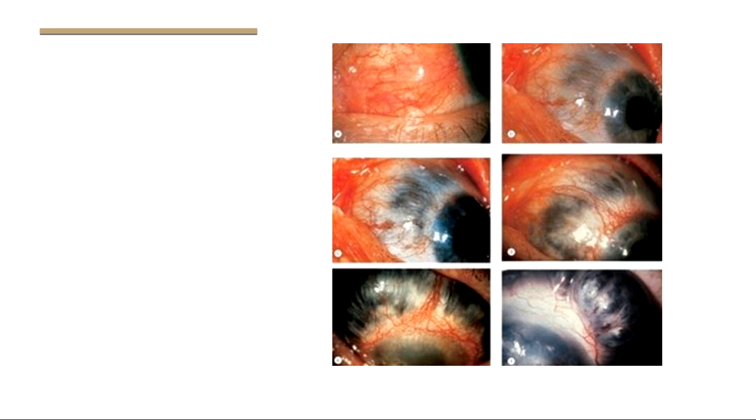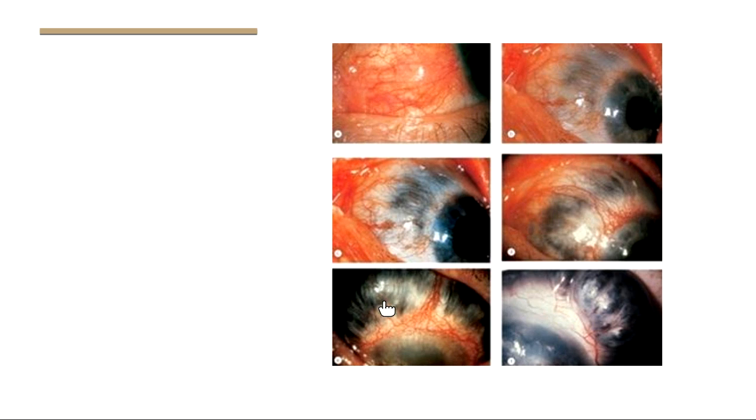All right, and I'm just showing you some more cases of this. So you can have really severe thinning. Okay, so it starts off in the early, so that's early. And then now you have in very late stages, literally the uveal tissue is bulging through. All right, and this is basically perforated, and this patient will lose the eye.